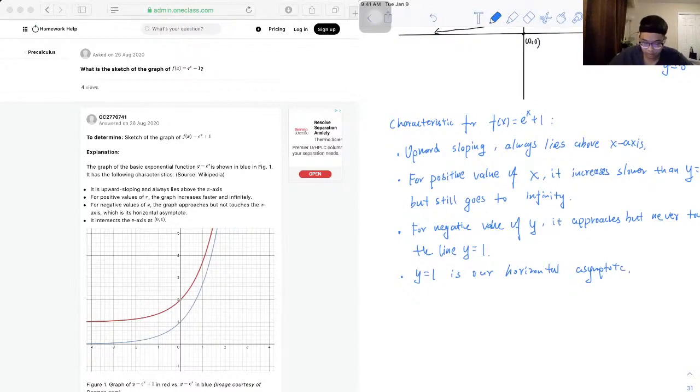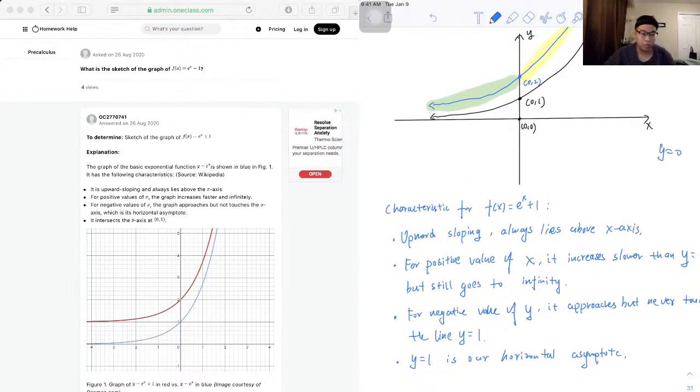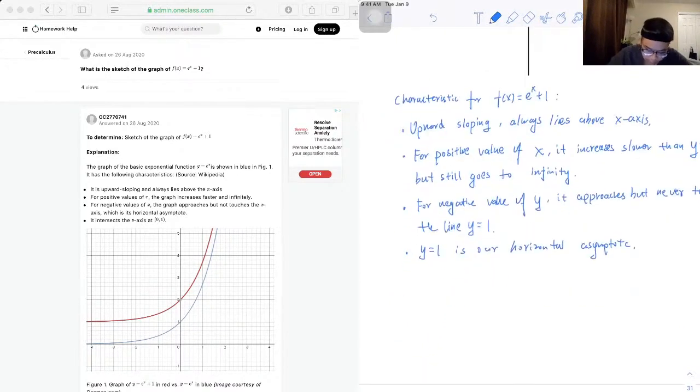Right. And as we mentioned earlier, we shifted up 1 unit, so the new y-intercept should be at 0, 2. In 0, 2.